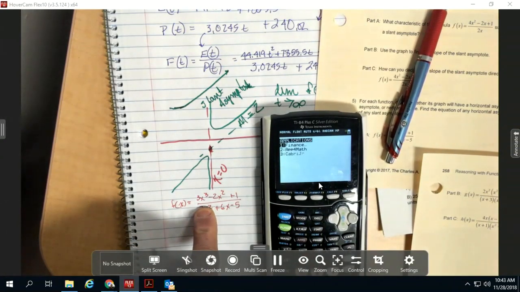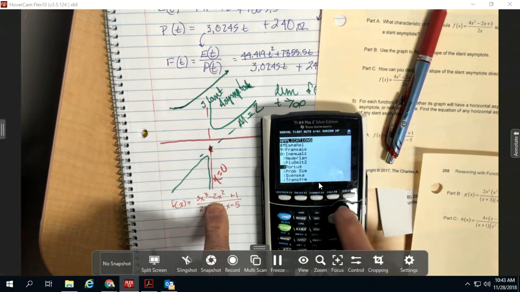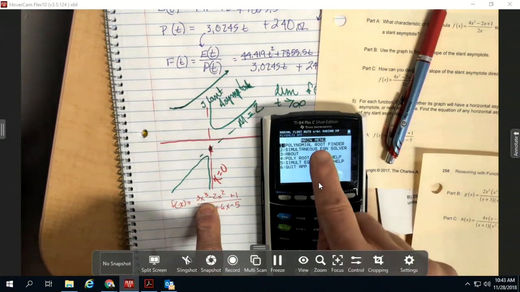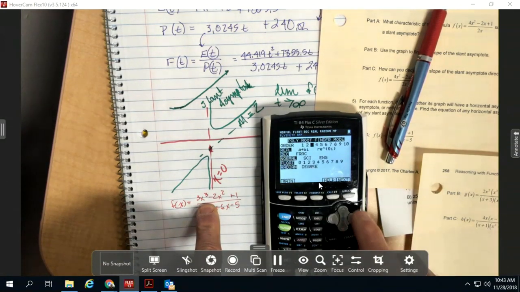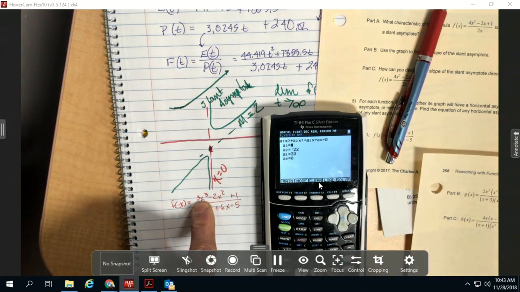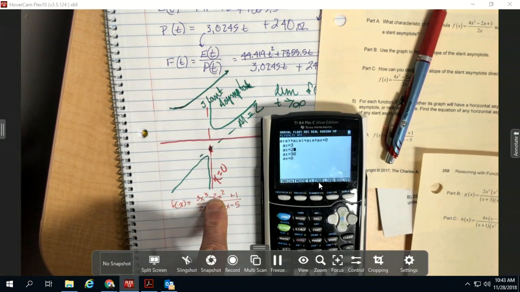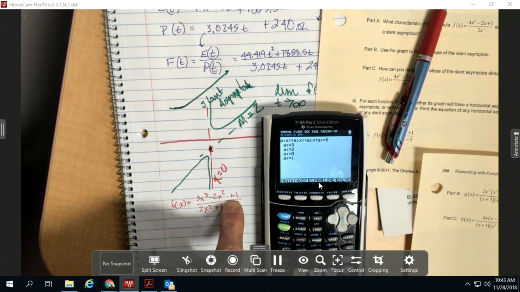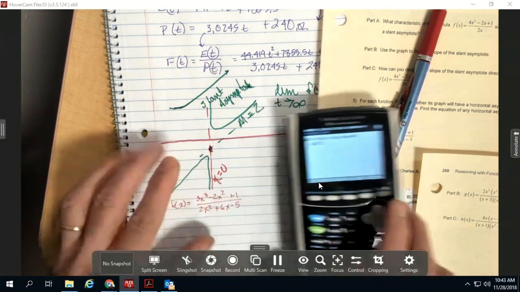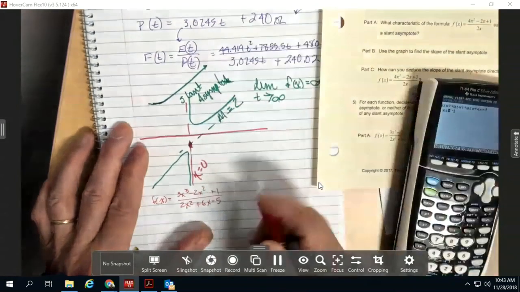So I'm going to use my apps, my PolySmlt 2, and I'm going to find the roots of a third order. I'm going to press 3 as the first coefficient, 2 as the second coefficient, 0 as the third coefficient, 1 as the fourth coefficient, and it gives me only one real root.